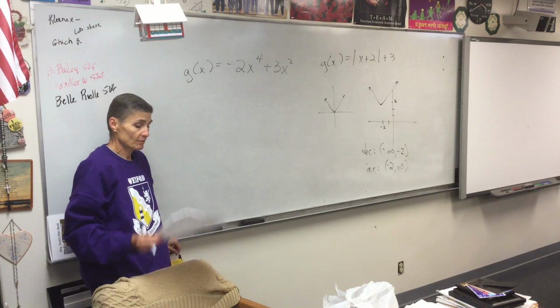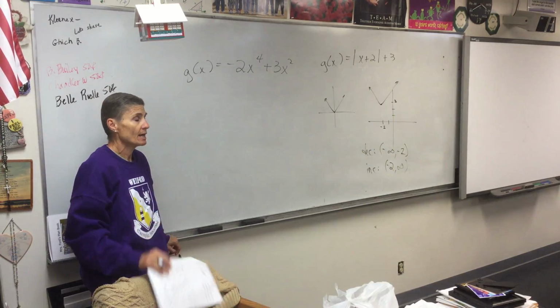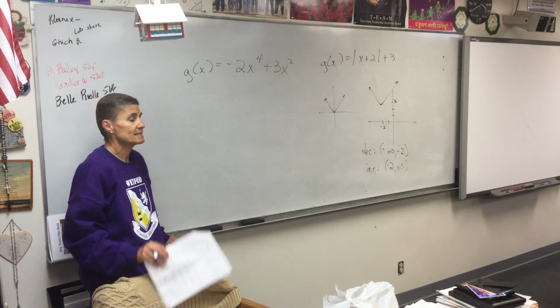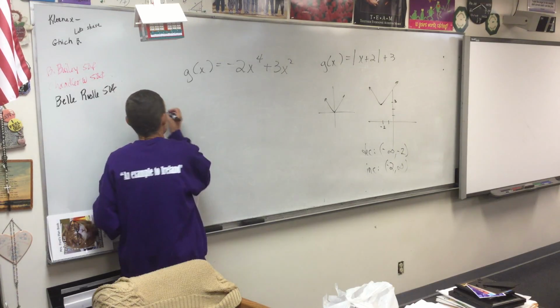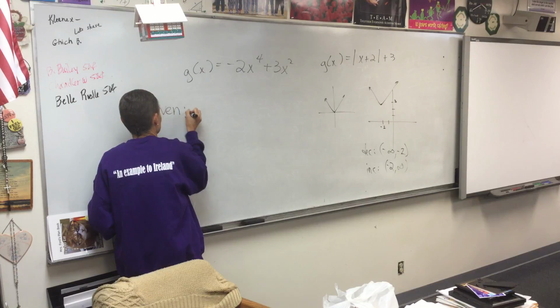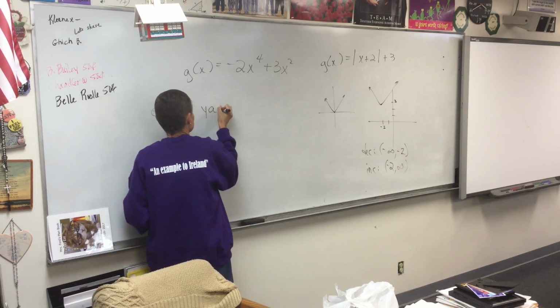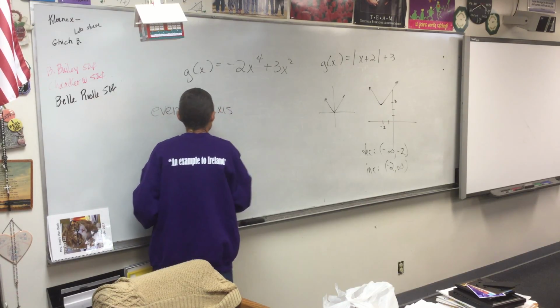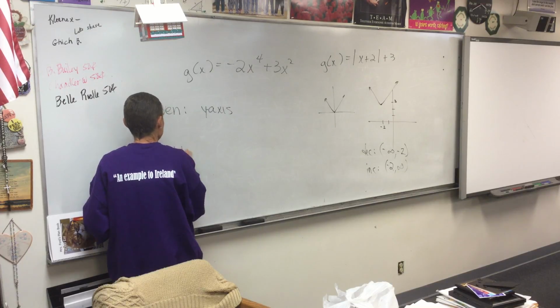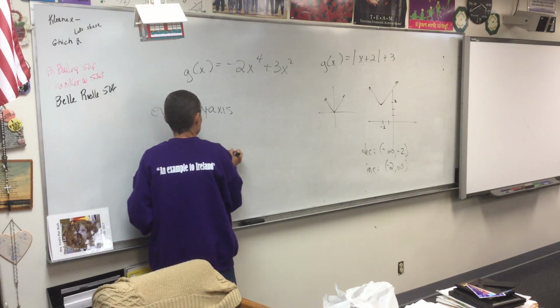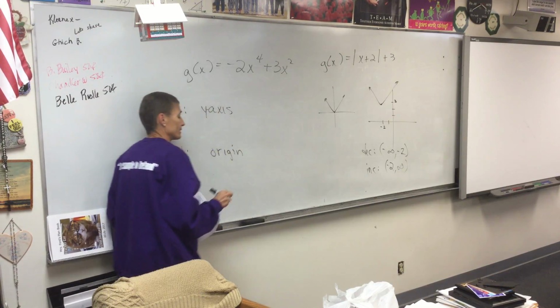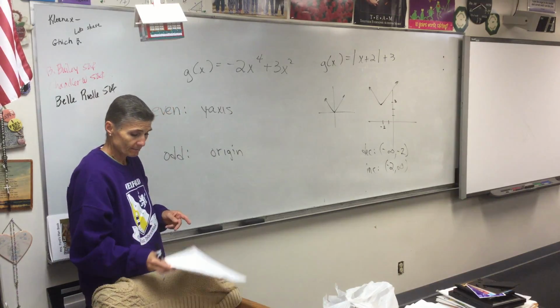So let's go back and think, what does even and odd mean? What does even mean to the mathematician? Symmetric about the y-axis. So I need to check my y-axis symmetry. What does odd mean? Origin. So I need to check those two symmetries.